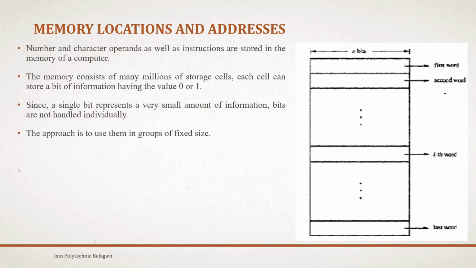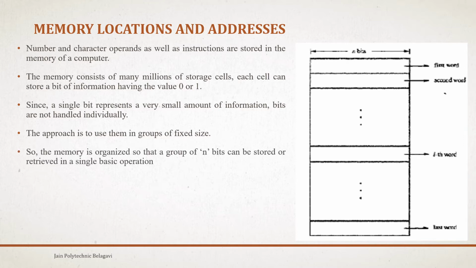So one approach used is groups of fixed size, meaning a small number of bits are used as a group. So we make a number of cells as a group. The memory is organized so that a group of n bits can be stored or retrieved in a single basic operation.